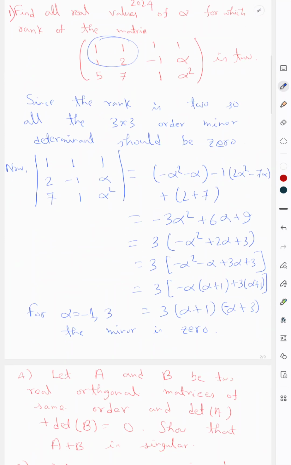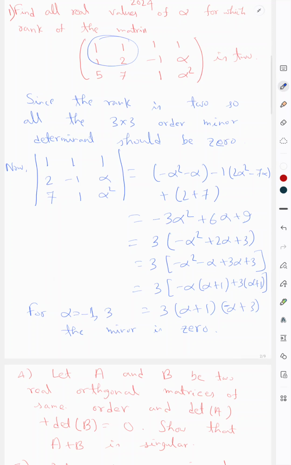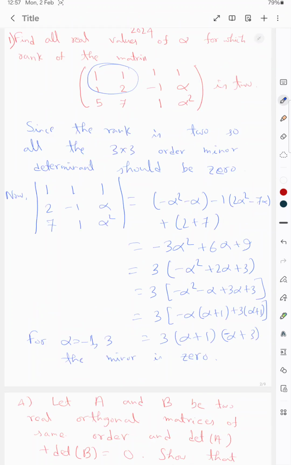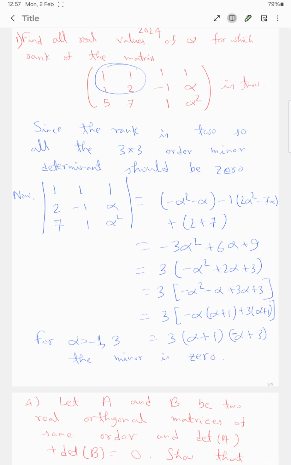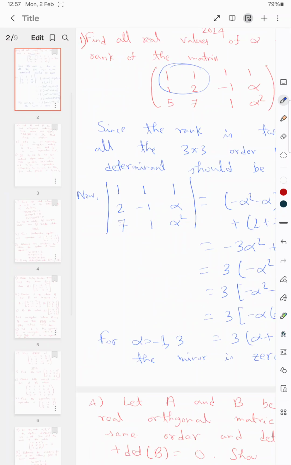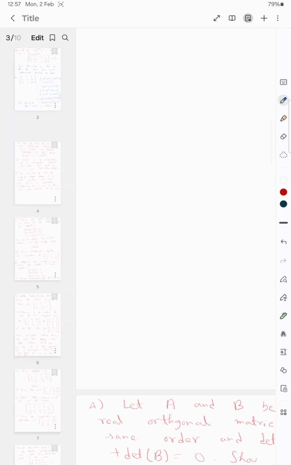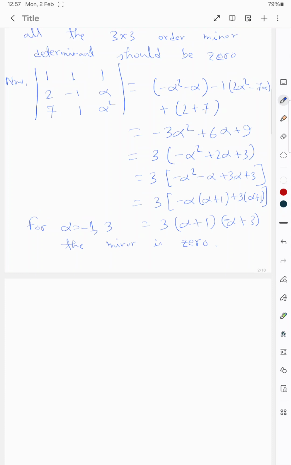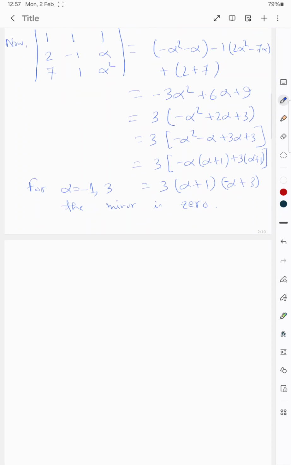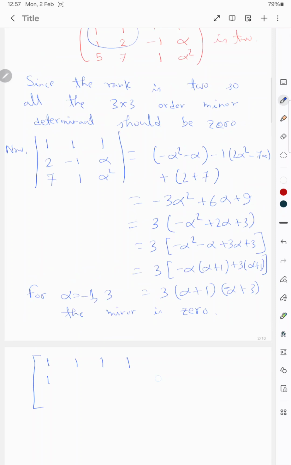There are so many ways to do this type of problem. Now I am doing it in another method. For example, suppose you are doing row column operation. I'm not showing the steps; this is your job, how to do this type of problem.